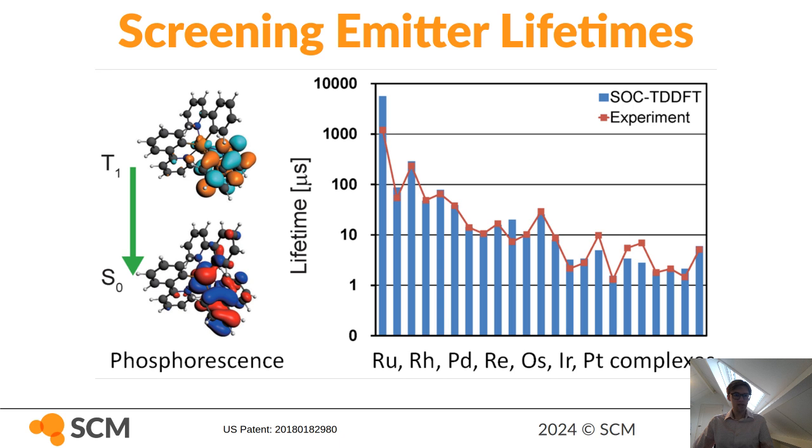We can also combine this information with studies into things like intersystem crossing rates, if we're interested in TADF complexes or distribution of different spin states, or the study of charge transfer processes in order to see how these materials interact with their environment.